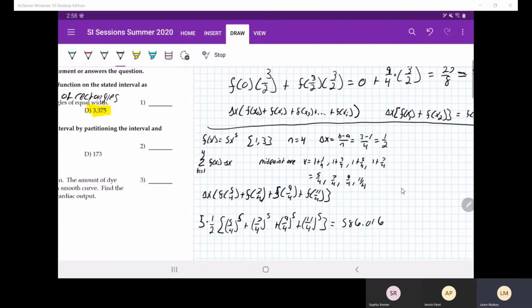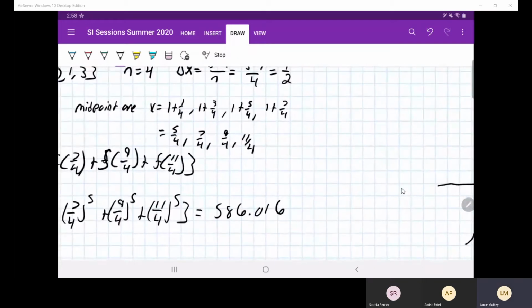That's what I don't get. Did I not do it on my calculator? Okay. So apparently, if you multiply this by 1/2, you get 293, and that's the correct answer.